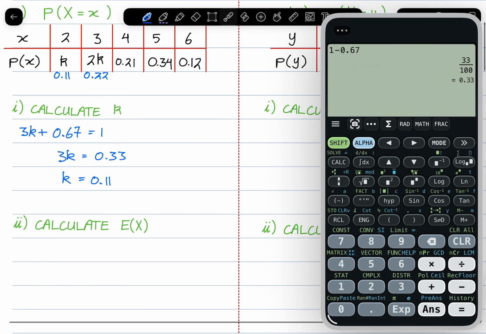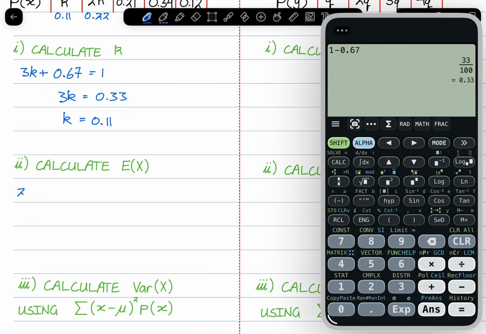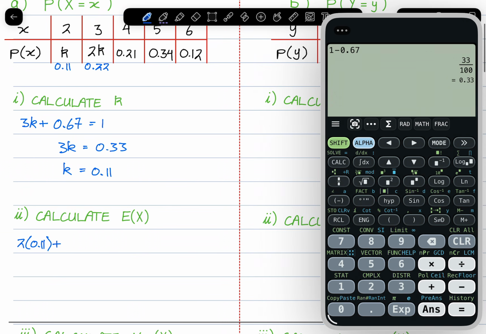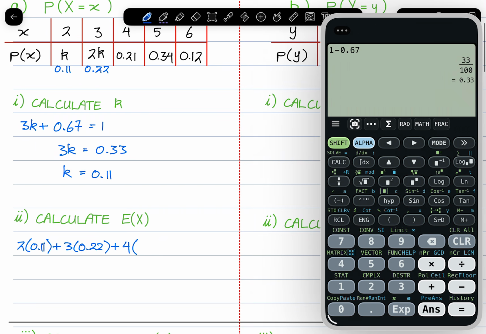So expected value means we simply take 2 times its probability, so 2 times 0.11 plus 3 times 0.22 plus 4 times the corresponding probability, 0.21, plus 5 times 0.34 plus 6 times 0.12.